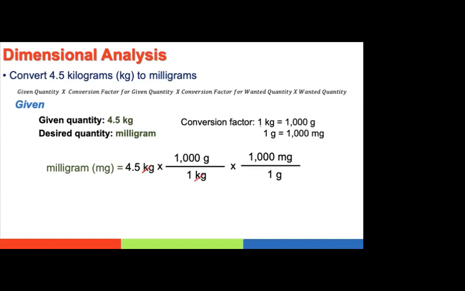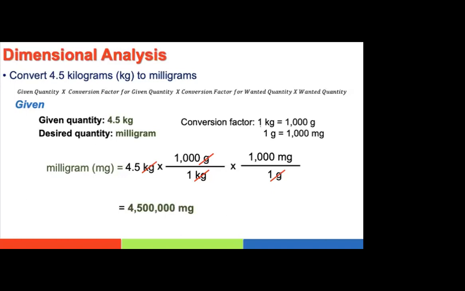So I will now be able to cancel out all similar units, retaining now the wanted unit, which is milligram, and therefore the answer is 4,500,000 milligrams. Nakuha niyo ba? Yung mga conversion factors na yan, dimensional analysis na topic din yan. Okay, mamaya na pag nasa doses na tayo, doon natin i-apply yung ibang dimensional analysis problem.